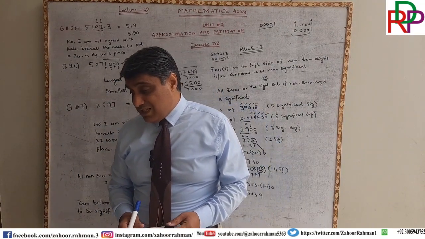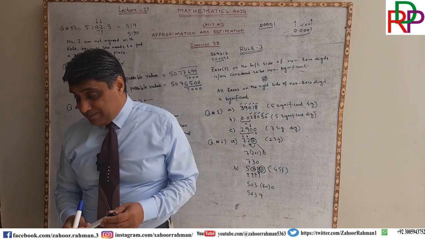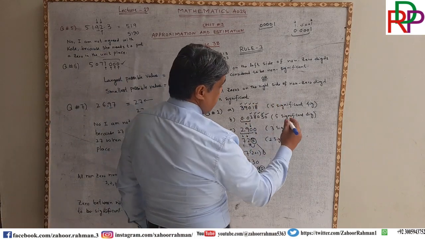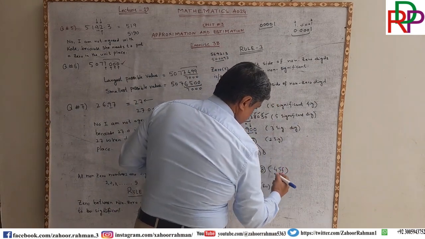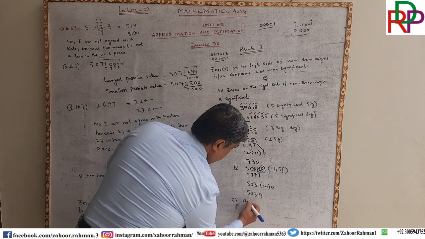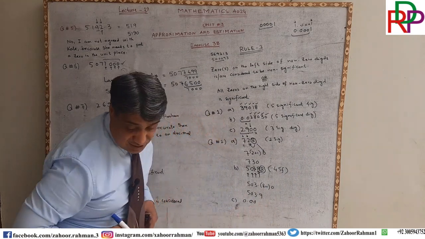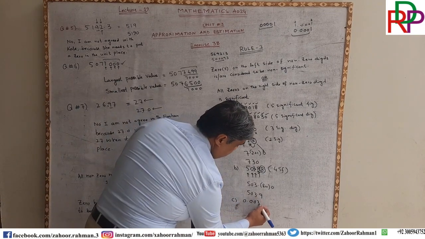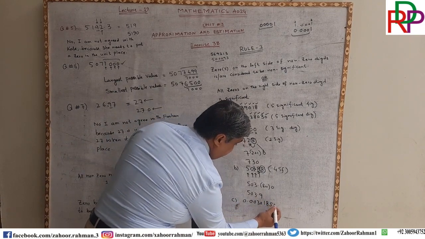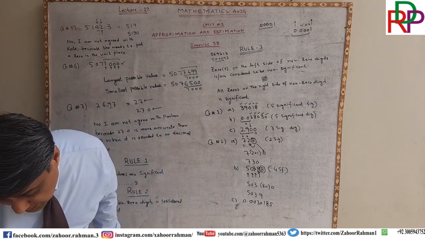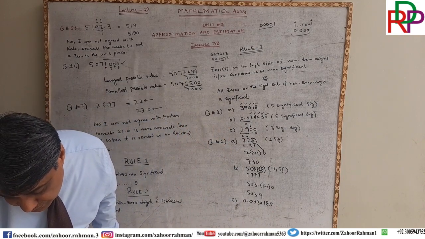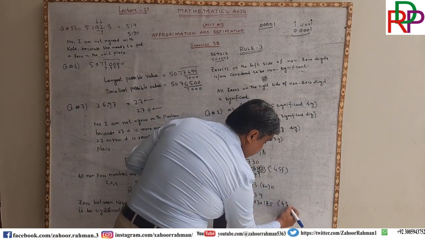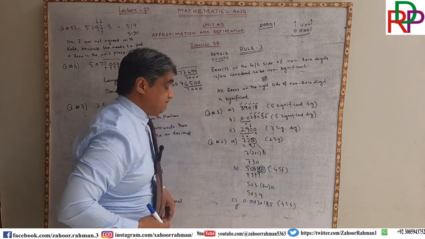Now the next question is saying, the C number part, I am writing here 0.0030185, and we need to round it off to 4 significant figures.